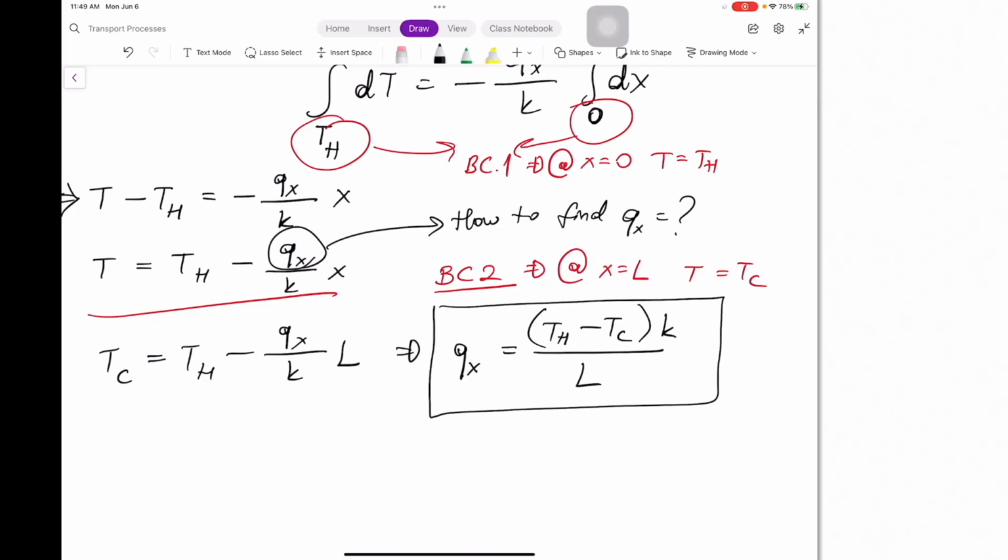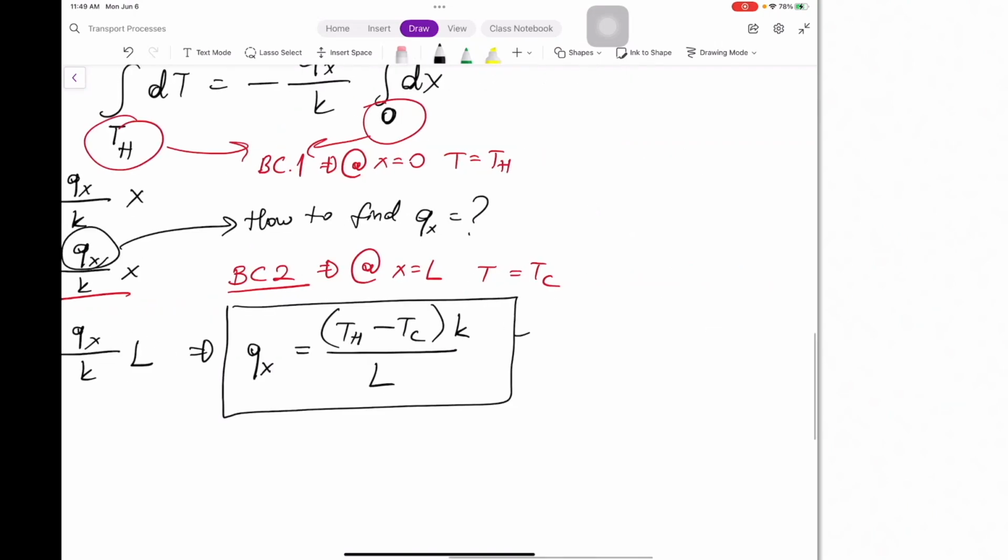This result is the heat flux for a one-dimensional slab at steady state with no heat generation.